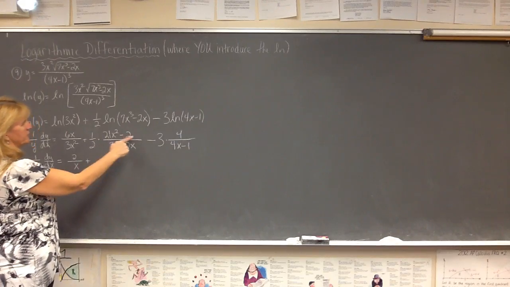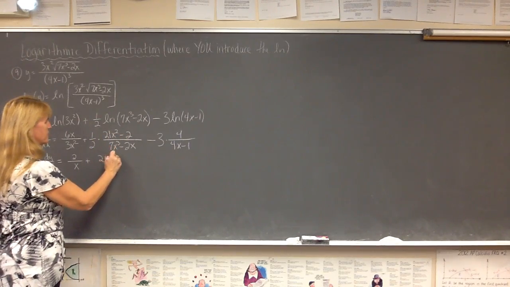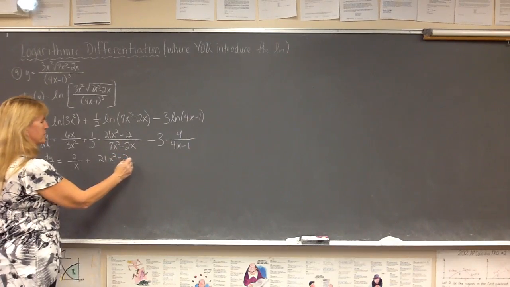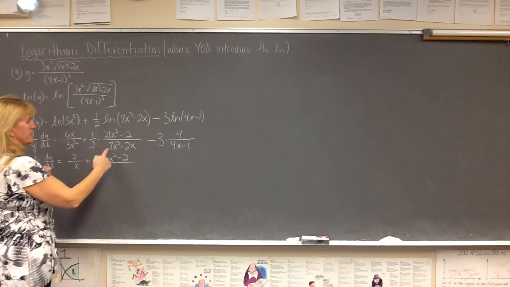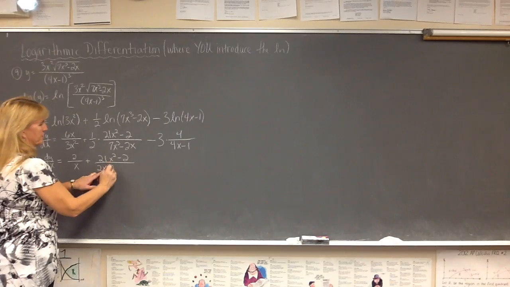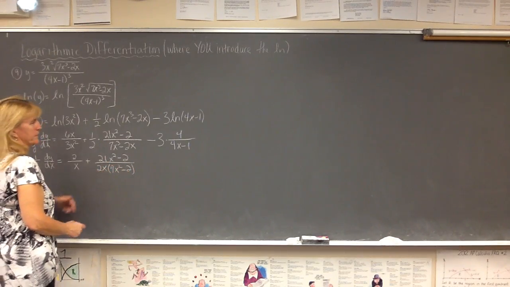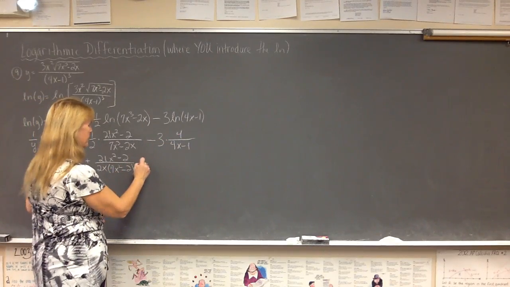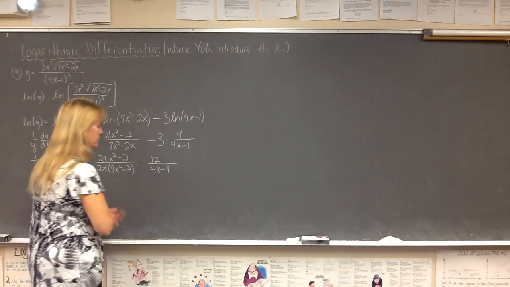Plus, this 2 does not divide off with anything, so my numerator will still continue to be 21x squared minus 2. And just because I can, I'll factor an x out of this little piece, this factor. And when I take this x out, I'll have 7x squared minus 2. And nothing can divide off here, so 3 times 4 makes 12 over 4x minus 1.